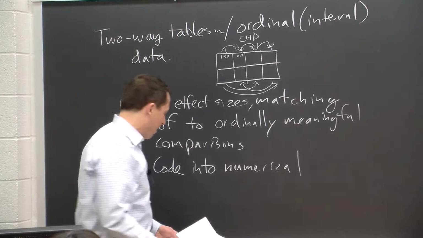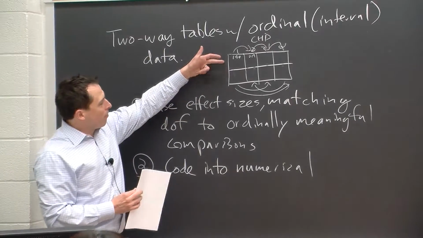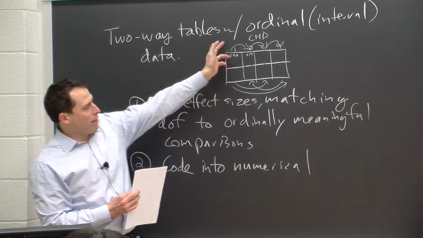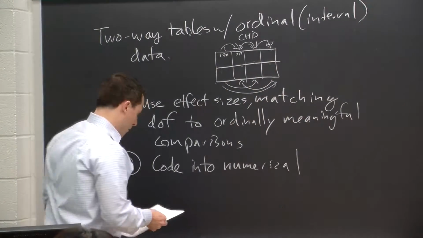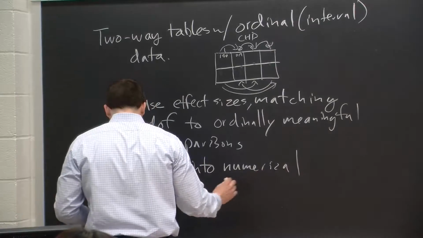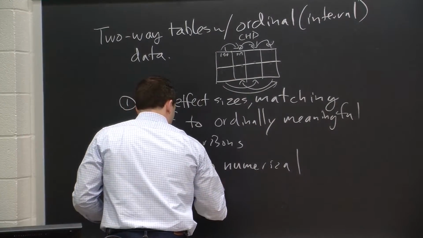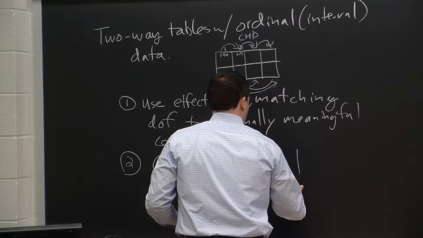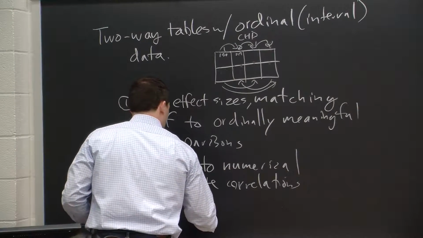So we can code these numerical things, and now we have a data set where we have maybe either a binary or a numerical thing here and a numerical thing here, and we just pretend we're doing regression, right? So code into numerical and compute correlations and so on. Sort of do regression.